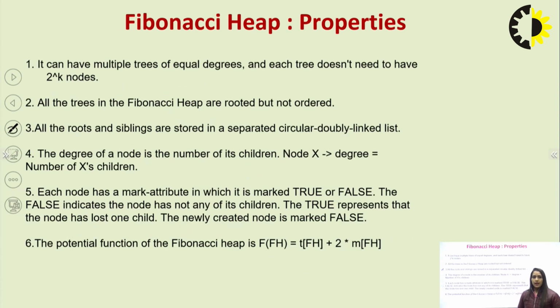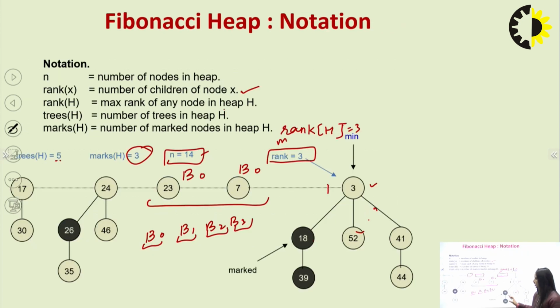See, next property: all the roots and siblings are stored in separate circular doubly linked lists. What does this point need to explain? Here this is the heap. All these are stored in a circular linked list.